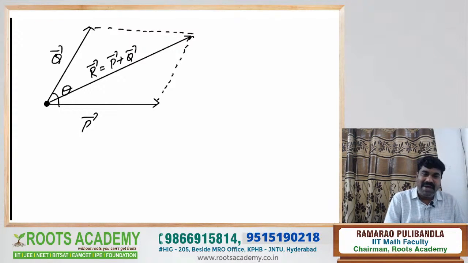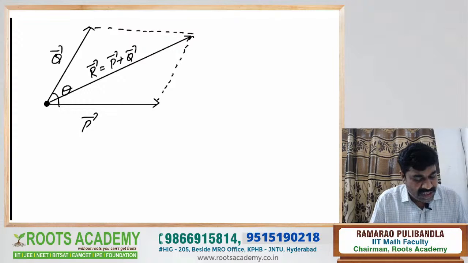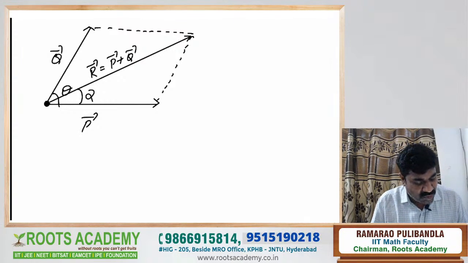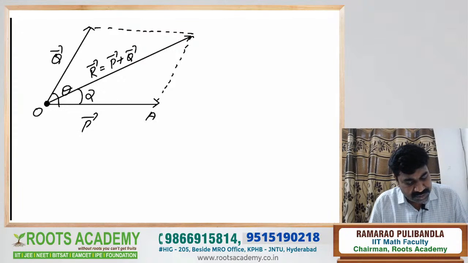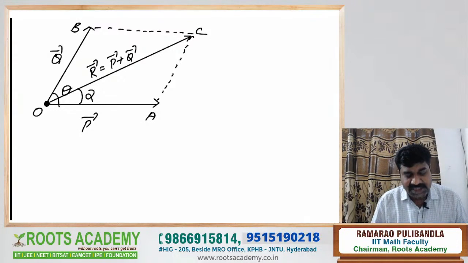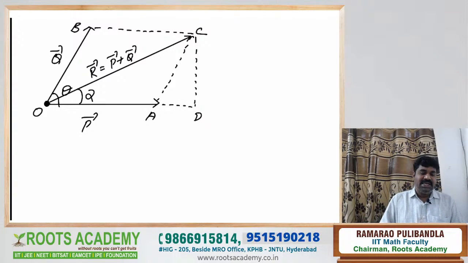The angle between P bar and Q bar is theta. The angle made by the resultant with P bar is alpha. Here we take OA as P bar, OB as Q bar, and this point is taken as C, and C is extended up to the point D, so that two triangles are formed.